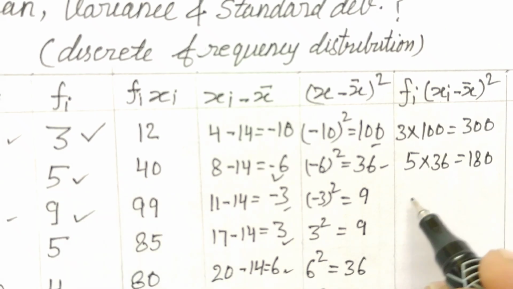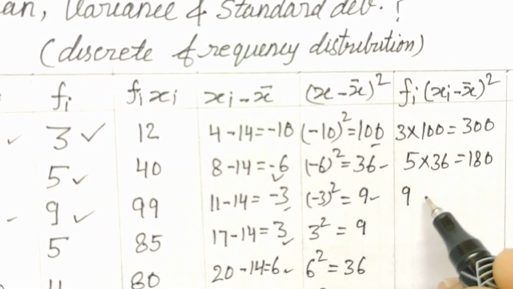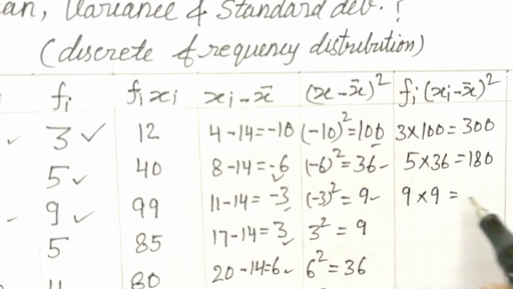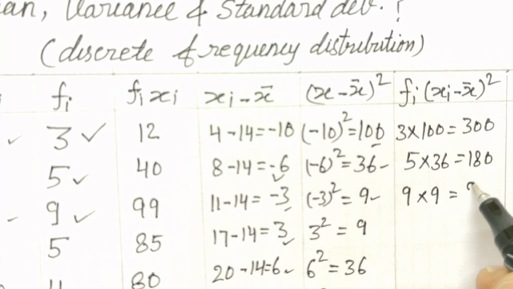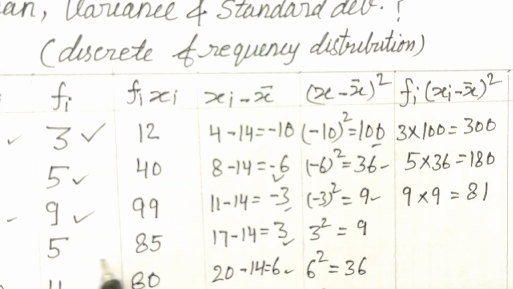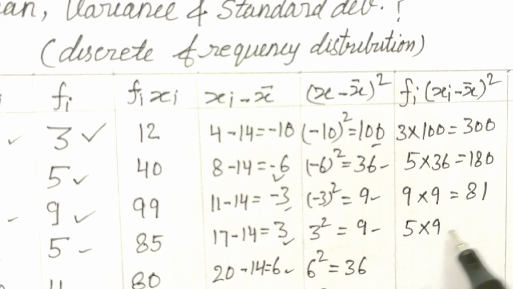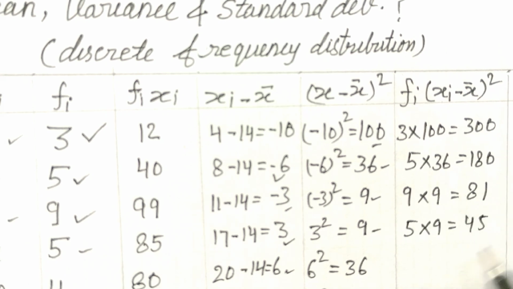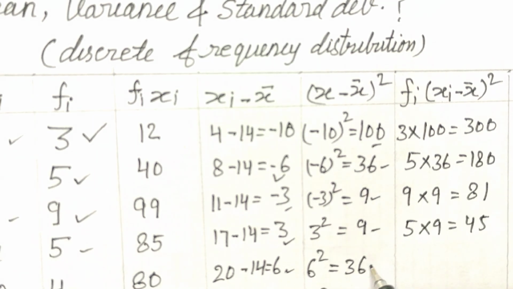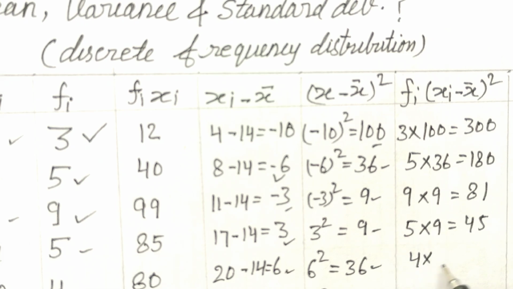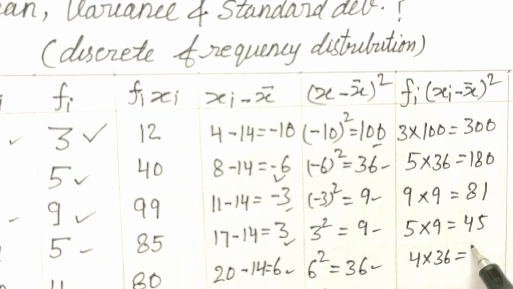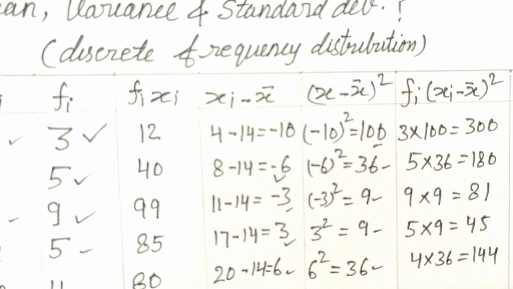Then 9 into 9 is equal to 81, then 5 into 9 is 45, then 4 into 36 is equal to 144.